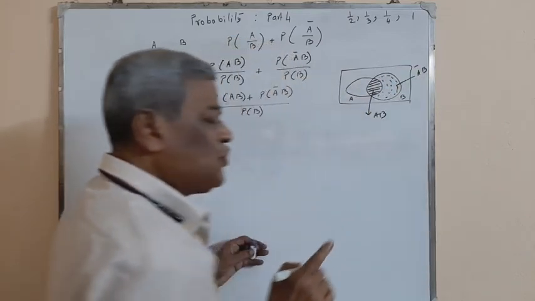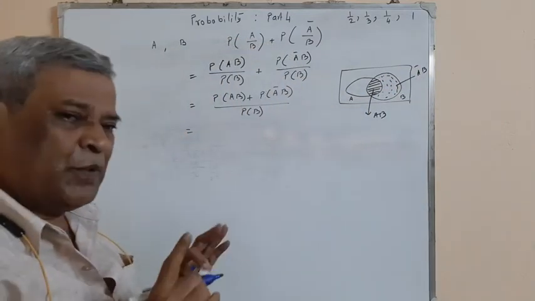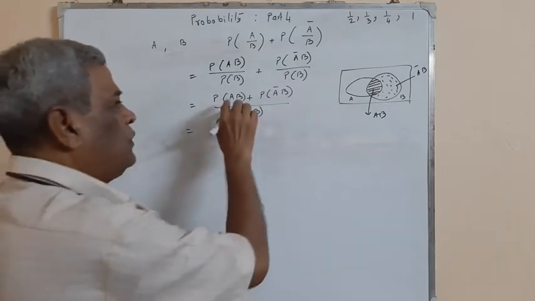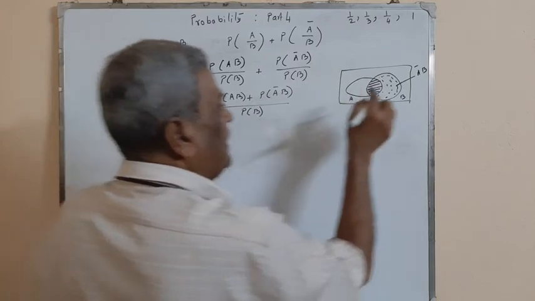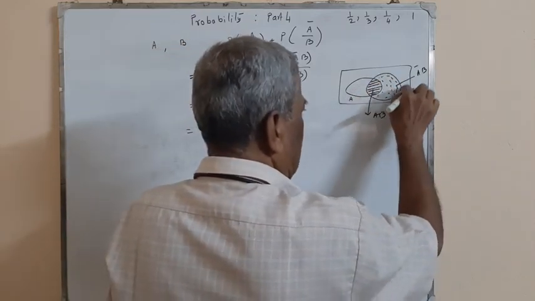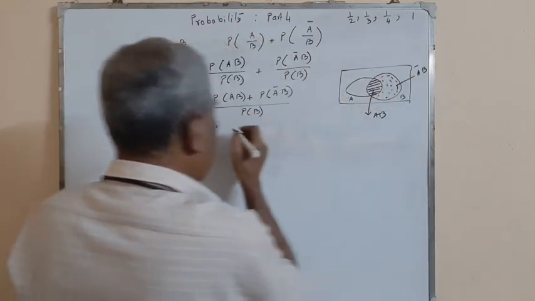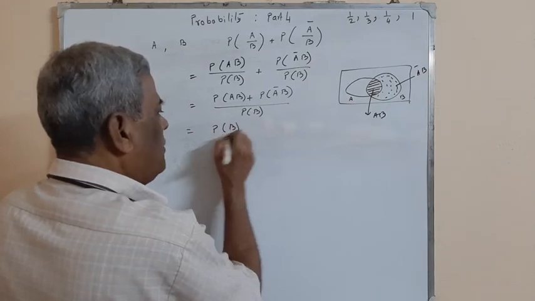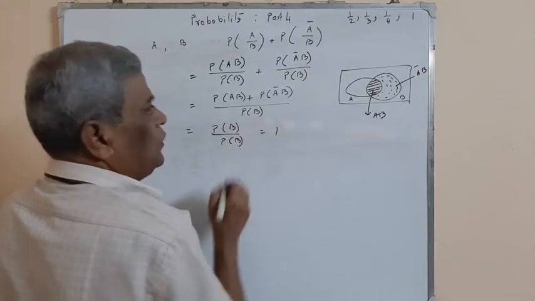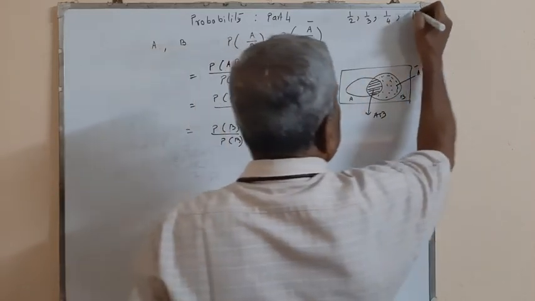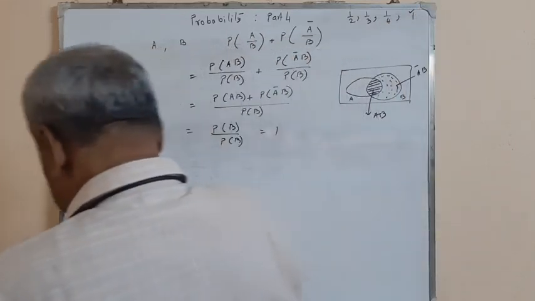And they are disjoint. They have no common element. Therefore, together, probability of AB plus A bar B means this thing, which is nothing but B. Probability of B by probability of B, which is simply 1. So this is our correct answer.